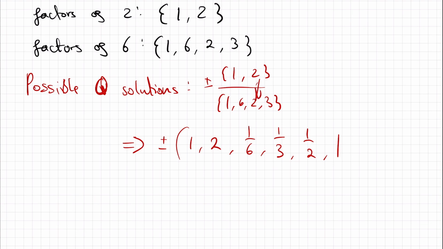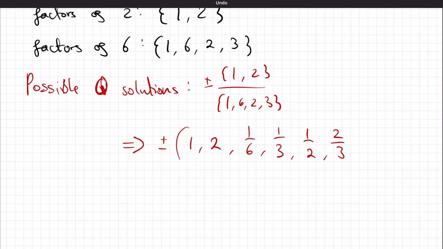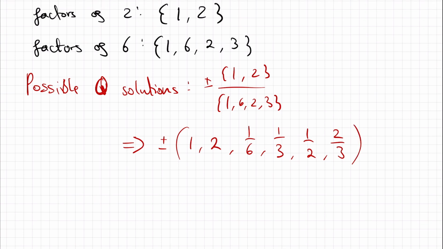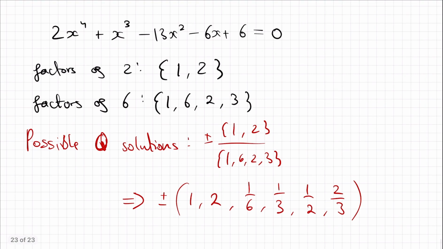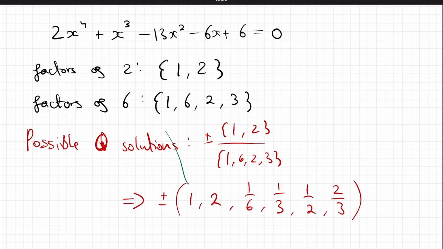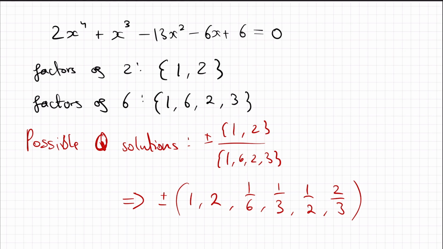When you put 2 over 2, which you've already got, we can get rid of that. And finally 1/3 and 2/3. We've already got 1/3, so we've just got 2/3 now. So there are the candidates.